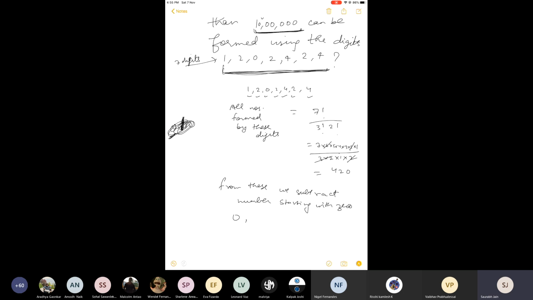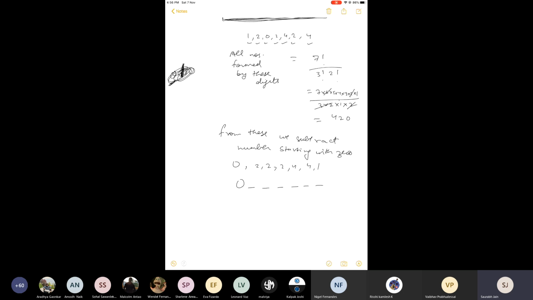If 0 is there, what else is remaining? 2, 2, 2, 4, 4, 1. So you have 0 fixed and you want to fill these 6 places. This can be done in 6 factorial ways, because only 6 places are remaining, as we are starting the number with 0. So this is 6 factorial divided by 3 factorial, 2 factorial.